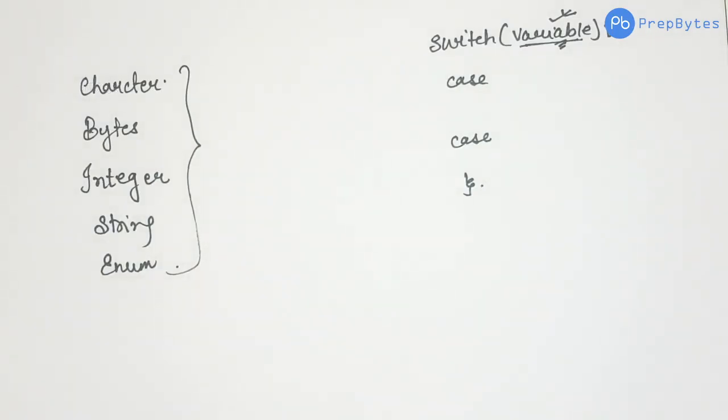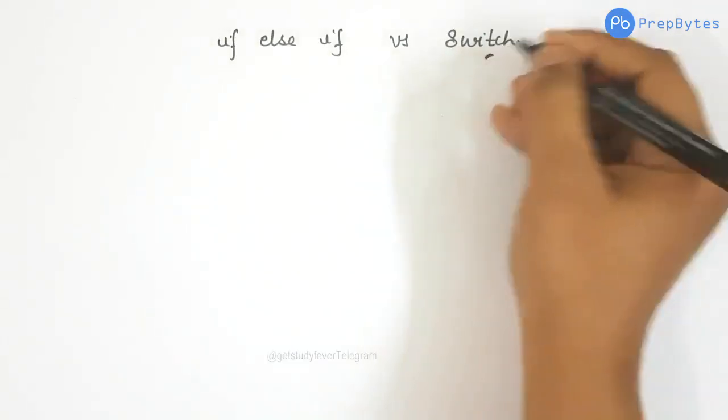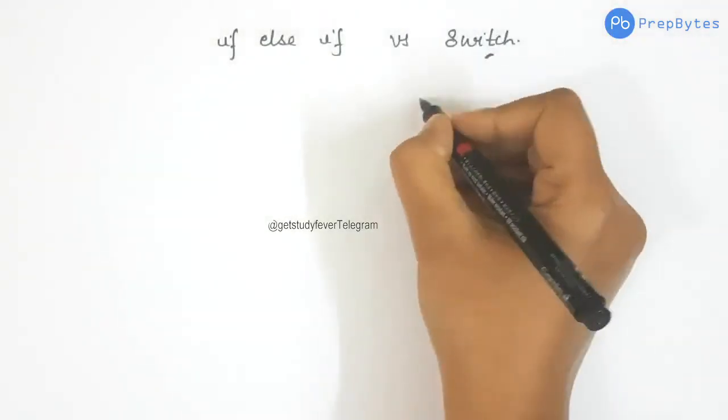Just now we also saw the if else if ladder, and we saw switch. Let's quickly discuss the benefit of one over the other and where we can use each. The number one point is that if you have more than 5 cases, we prefer switch. Because switch is more readable.